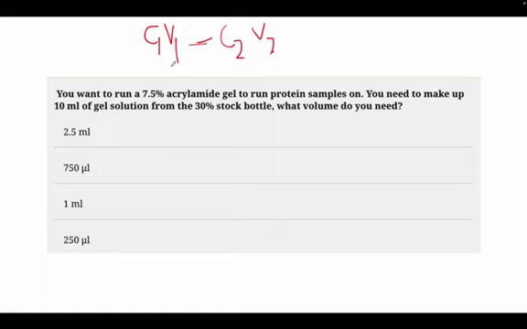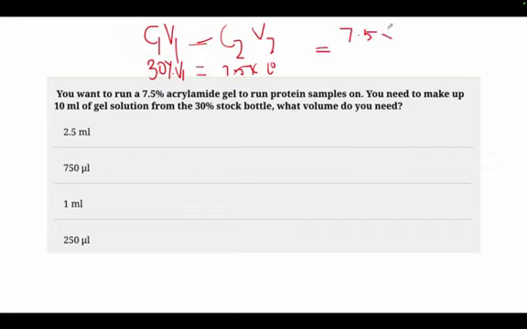Concentration 1 times volume 1 is equal to concentration 2 times volume 2. The final sample we need is 7.5% into 10 ml, but our stock is 30%, and we want to know what is V1.